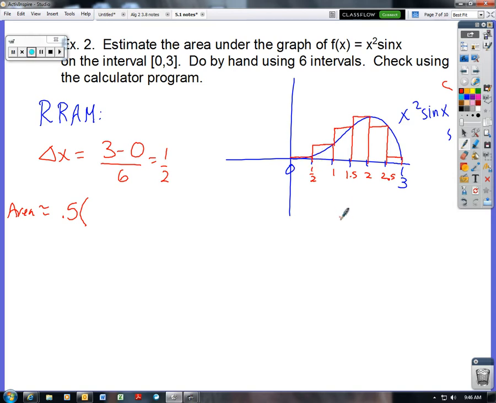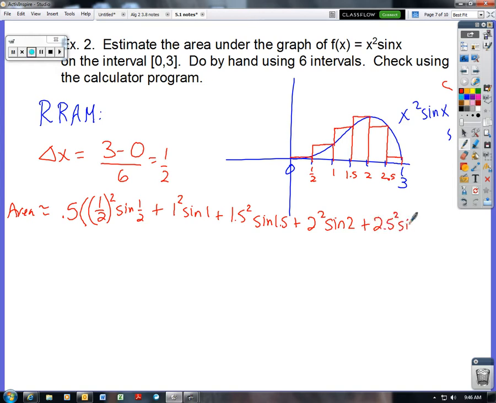So I'm plugging 1/2 into my function: 1/2 squared sine of 1/2 plus 1 squared sine of 1 plus 1.5 squared sine of 1.5 plus 2 squared sine of 2 plus 2.5 squared sine of 2.5, and then plus 3 squared sine of 3.